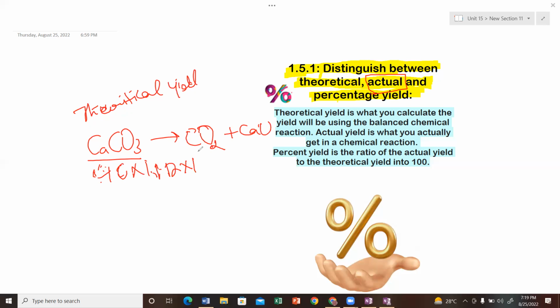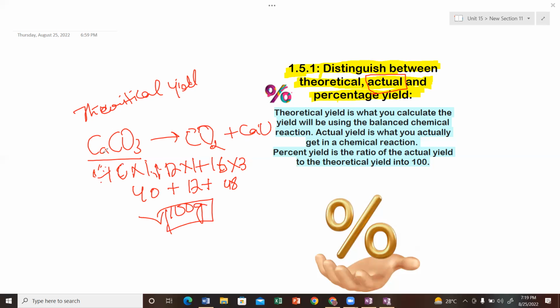The next is oxygen, so plus 16 into 3. If I solve it, it is 40 plus 12 plus 48, so it would be 100 grams or 100 AMU.